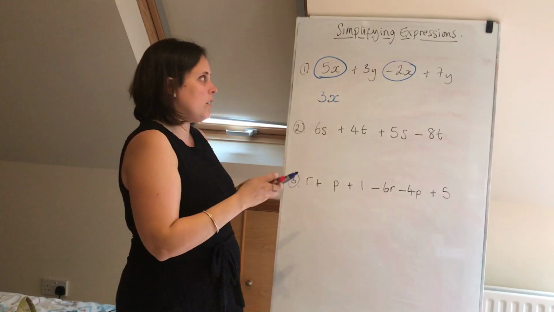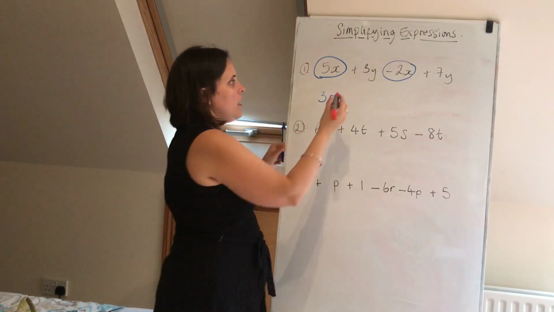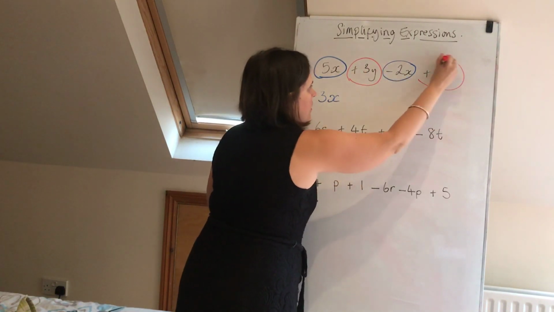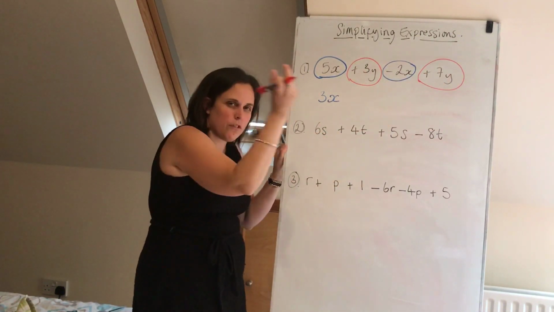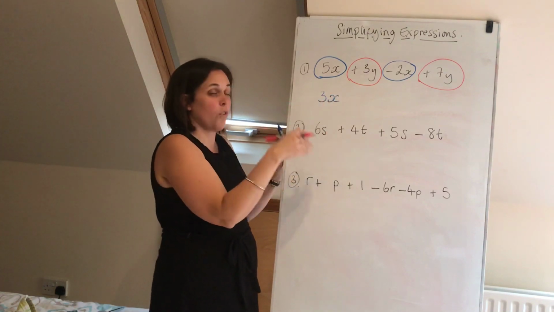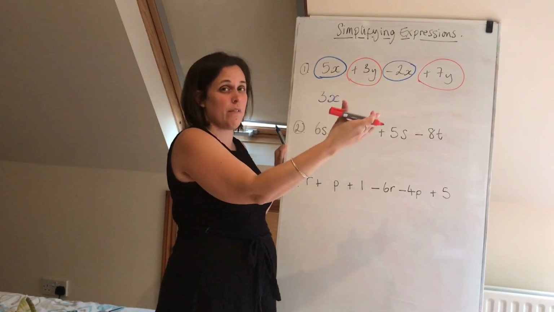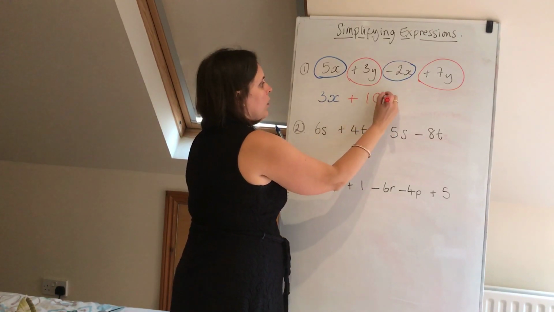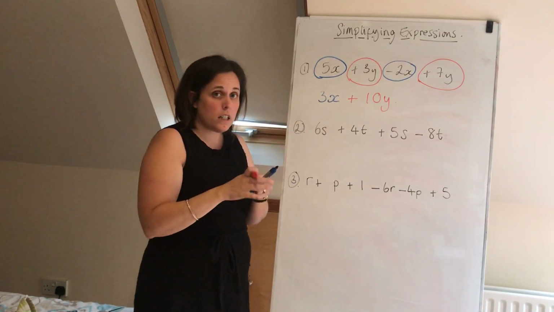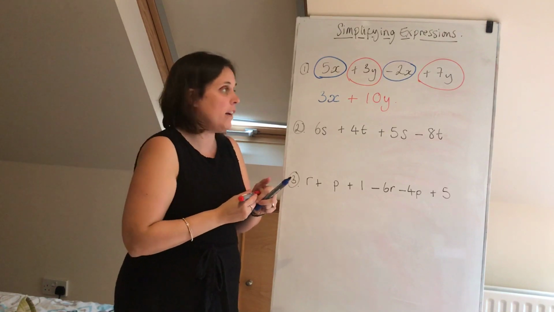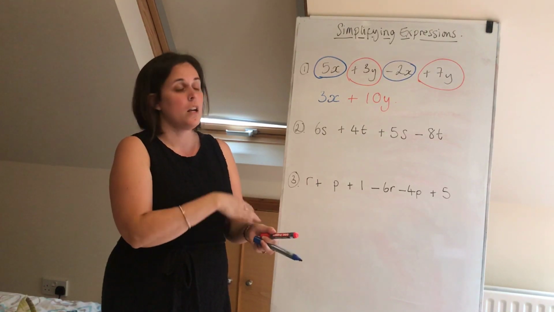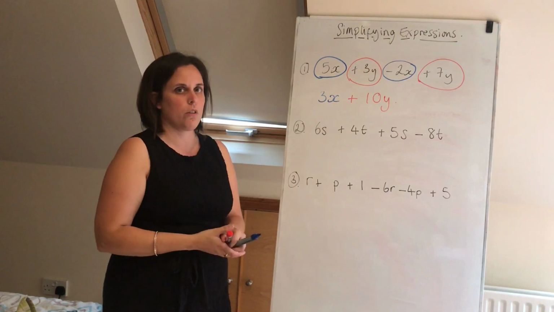Now I'm going to focus in on the y's. Okay, I've got plus 3y and I've got plus 7y. So again, focusing just on the y's, I've got 3y plus 7y, and altogether that gives me plus 10y. Now if you're struggling at all with the minus signs, I highly recommend you go back to my video on negative numbers so you can recap how to work through that.